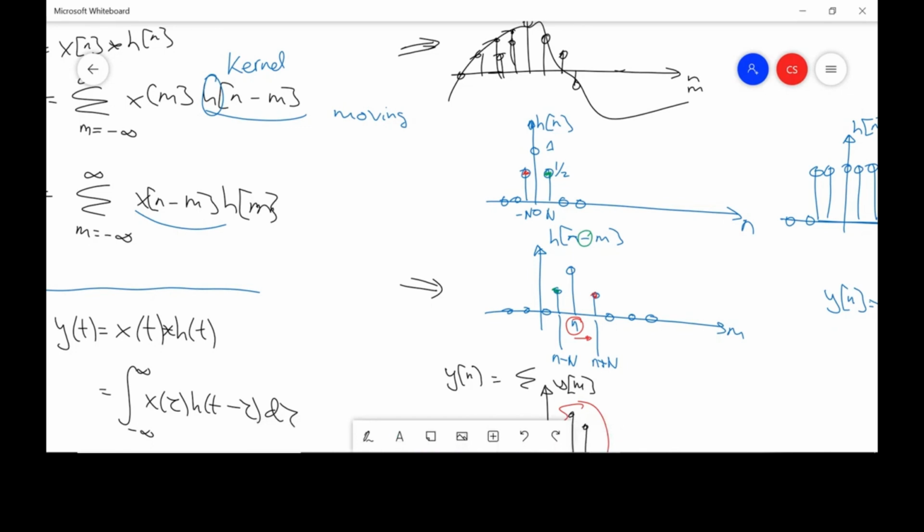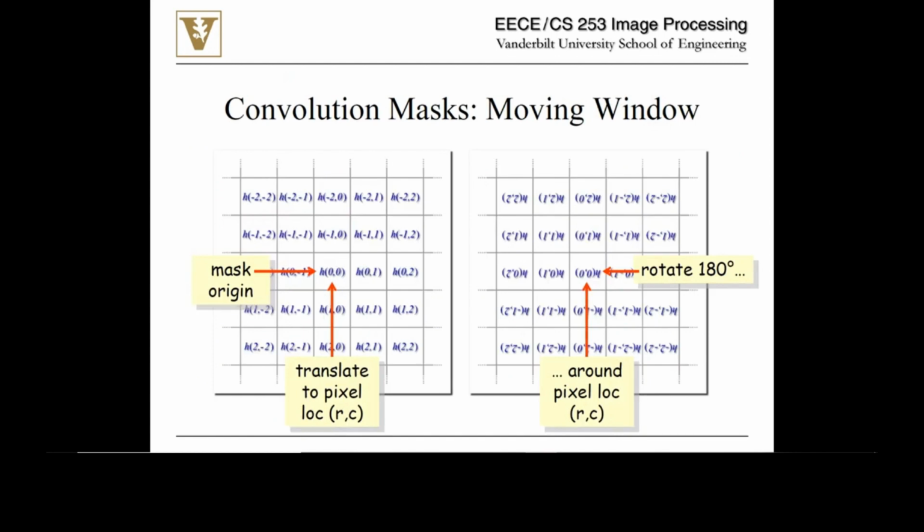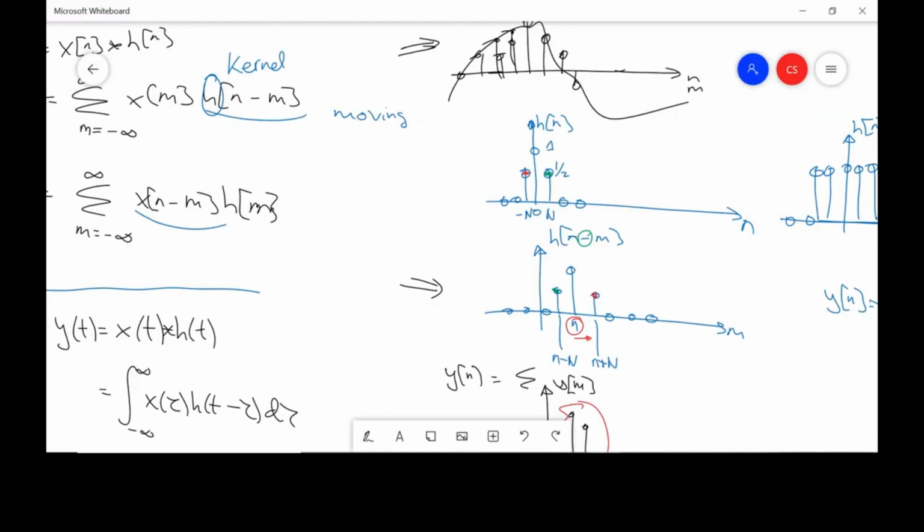Okay, what else? There is a minus sign. The minus sign in 1 dimension means that you have to reverse with respect to this axis, with respect to this point.